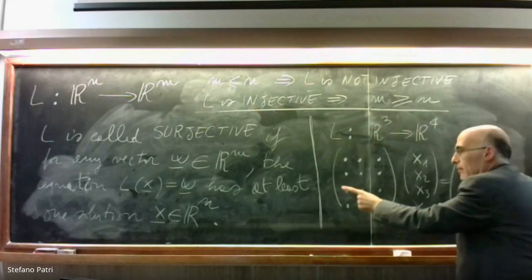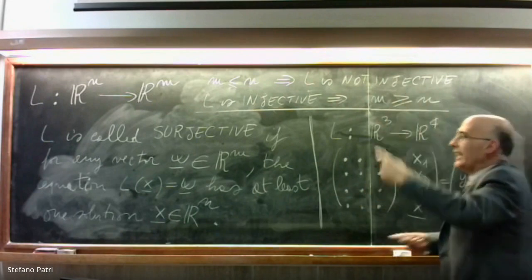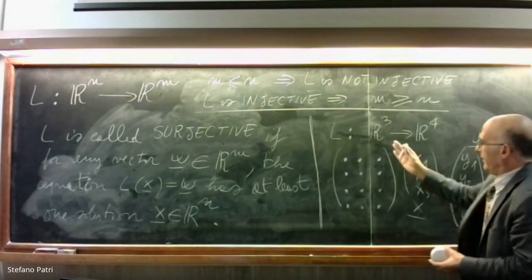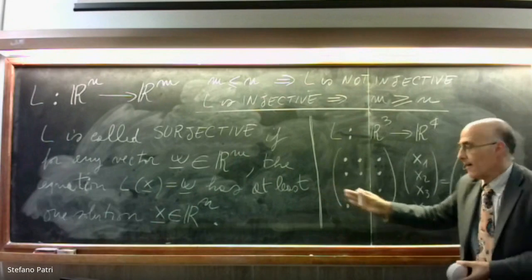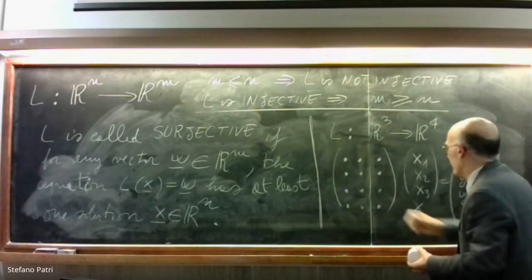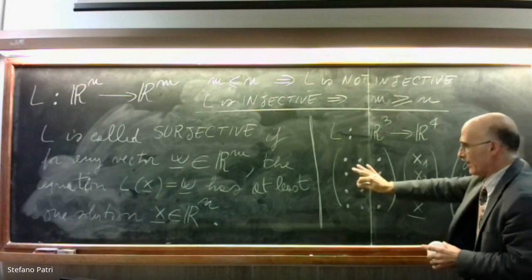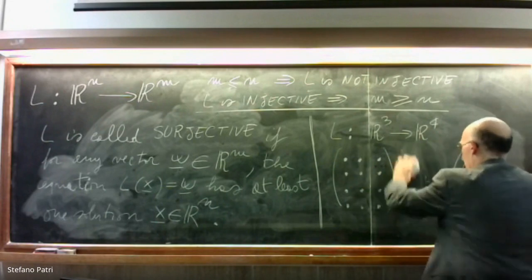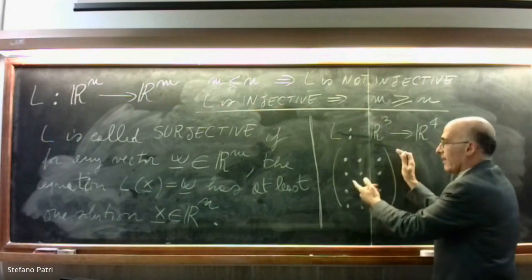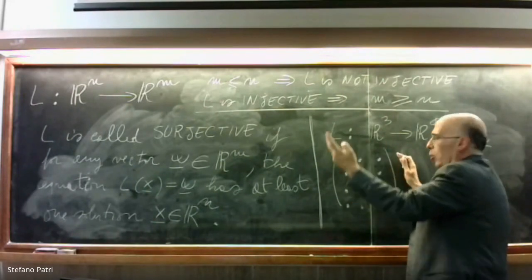But this system cannot have always solutions for any W, because this matrix of the coefficients has its highest possible rank equal to 3. For a moment I cancel the vector on which the matrix acts. This is the matrix of the coefficients. Let's suppose of rank 3 or of rank 2.